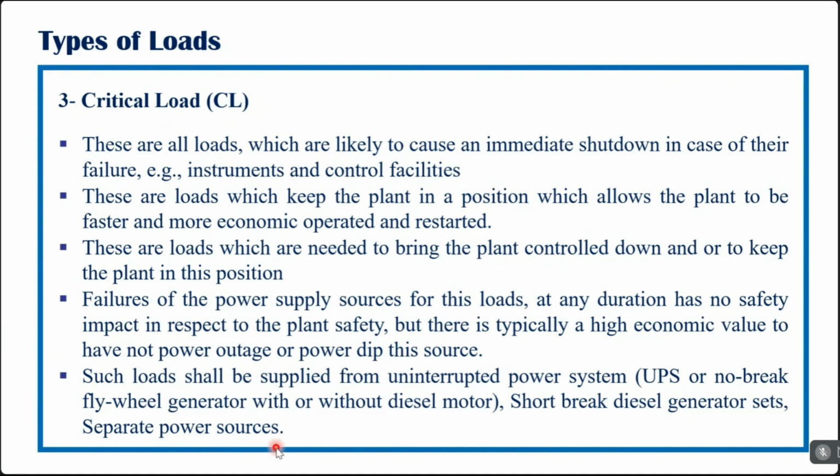We have to ensure that there is no cutoff in the power supply for these critical loads, because a millisecond drop of supply can disturb the online instrument performance of the plant, which can eventually, by its cascading effect, lead to a shutdown or a safety impact on the plant. But on a direct level, these do not have a safety impact on the plant.